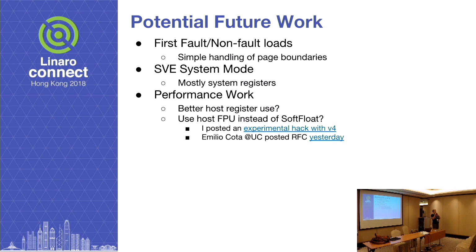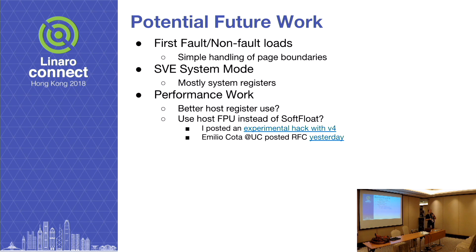You'll see this if you look at the string copy functions that are done in AVX or SSE. They spend an awful lot of their time checking the pointers for the source and destination strings aren't going to run off into the next page. Otherwise, they need to test whether or not that's going to fault before they run. With SVE, you just say, do a copy, and if it hits the page fault, don't worry about faulting, just set the first fault register, which can then be checked, and then you've worked out where your boundary condition is.